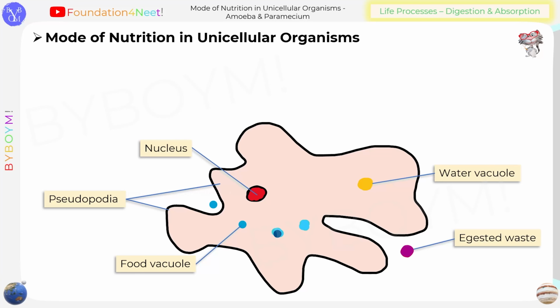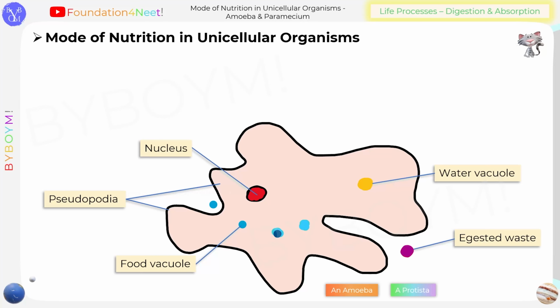What is a unicellular organism? Unicellular means one cell. So these are organisms that are made up of a single cell. We are saying that an amoeba is a protist and it has heterotrophic Holozoic mode of nutrition. What is heterotrophic Holozoic mode of nutrition?